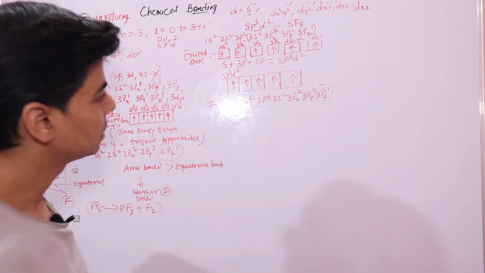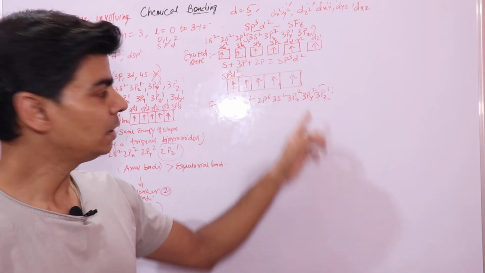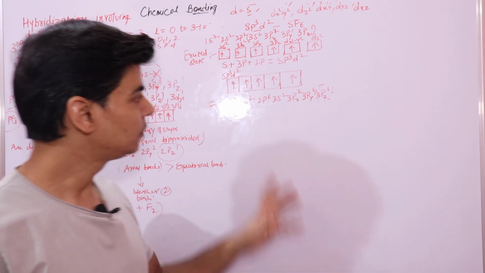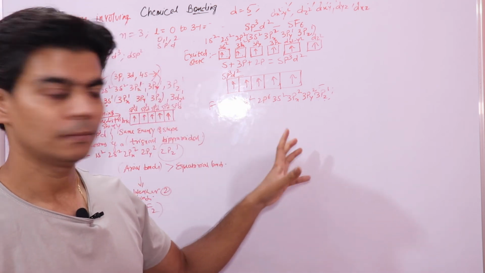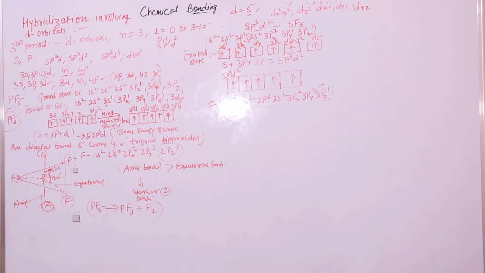And since it has sp3d2 hybridization, the geometry of this molecule would be octahedral. The geometry of this hybridization is octahedral. So all the 6 orbitals will occupy the corners of a regular octahedron, so the molecule will acquire a regular octahedral geometry.